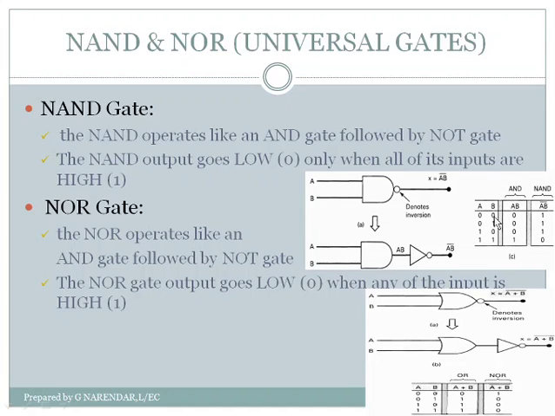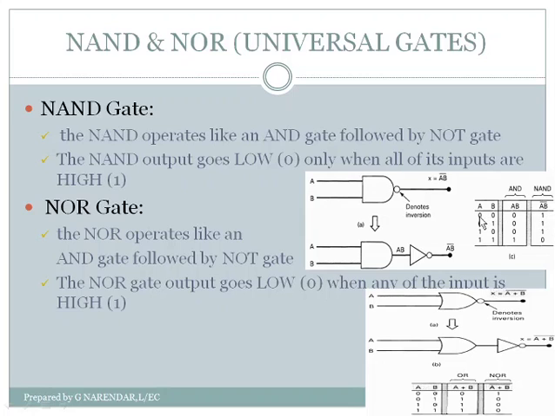Here we can obtain the output for each combination of input in the truth table. When A is 0 and B is 0, in the output expression x equals AB bar, you can substitute A equals 0, B equals 0, so x equals 0.0 bar. 0.0 is 0 according to the AND operation, and 0 bar is 1 according to the NOT operation.